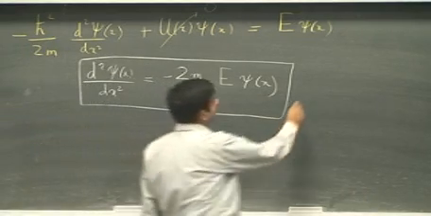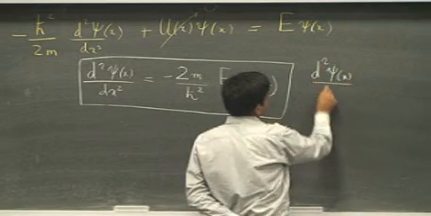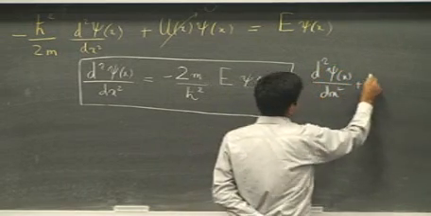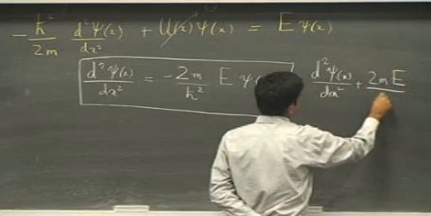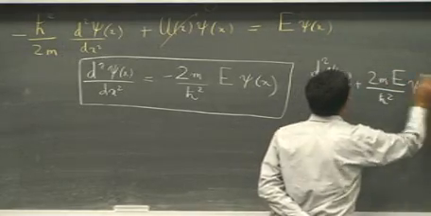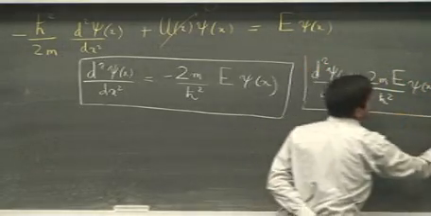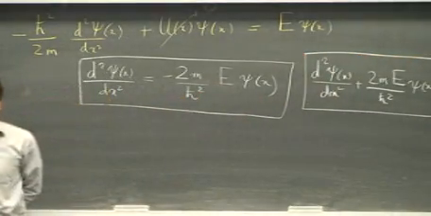We can also write this as d squared psi(x) dx squared plus 2mE over h bar squared psi(x) equals 0. Now can you solve this equation for me?